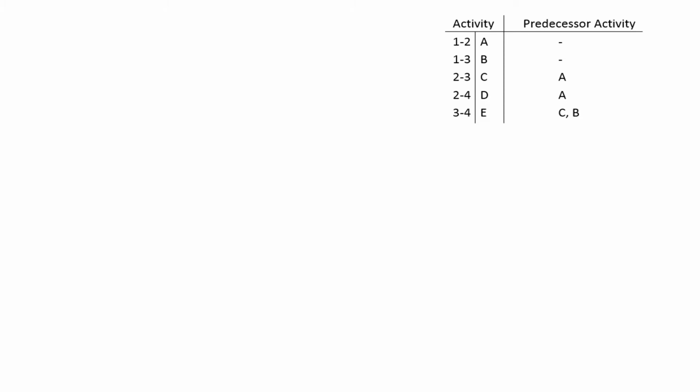So let's see how to draw it. Here 1 to 2, right? We know 1 is the starting node, so just write 1 and circle it. Then for 1 to 2, write another node, name it 2 and circle it. The value of the activity is A, so write A there.